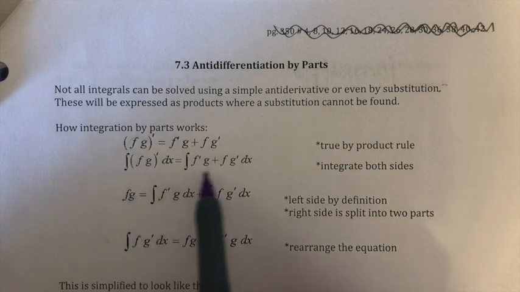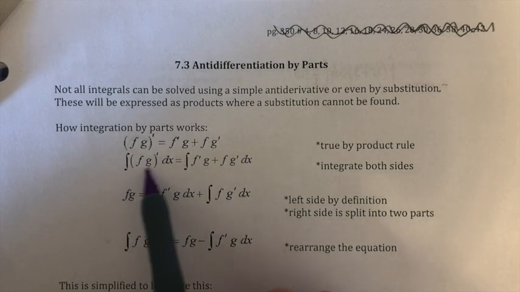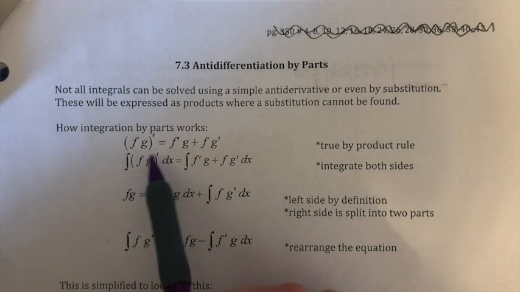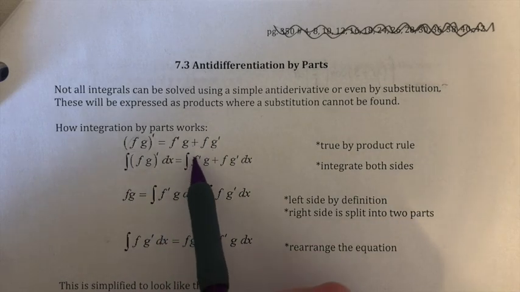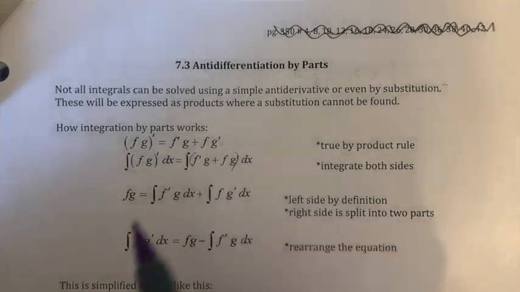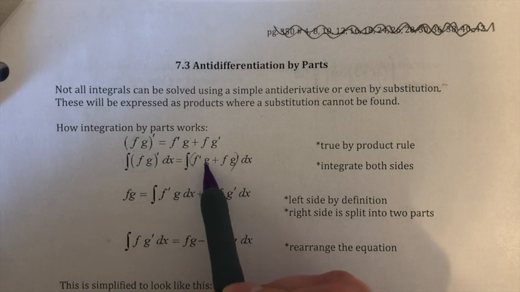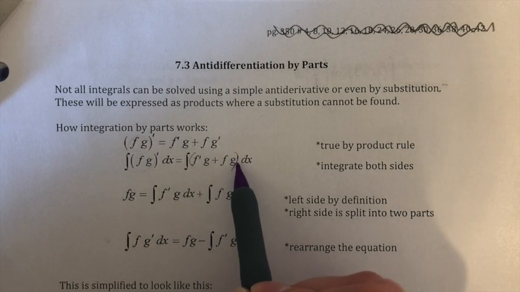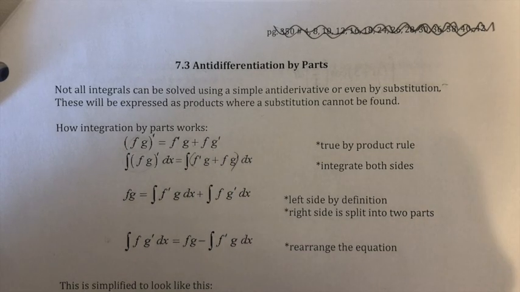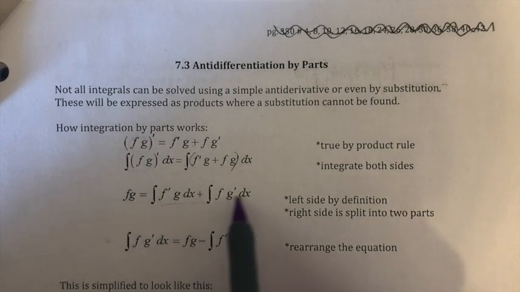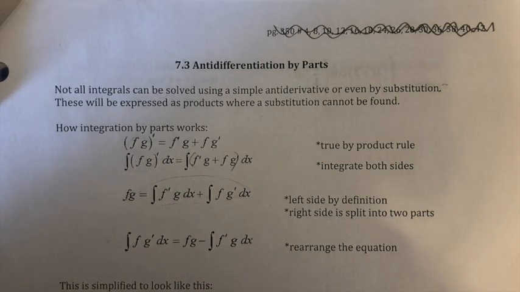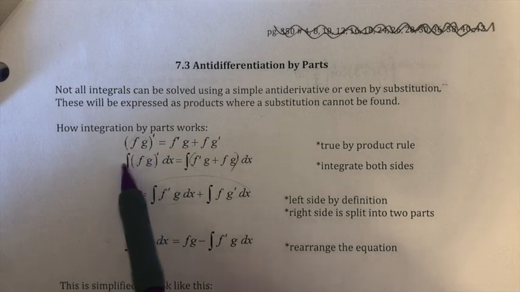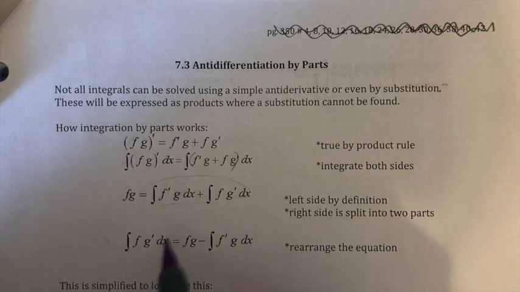Then if we integrate both sides, we're doing the antiderivative of the derivative, and basically those cancel. This whole thing should be in brackets: the integral of f prime g plus f g prime, all times dx. So that gives us this, okay? Because the derivative and then the integral cancel and give us the original function, and we're integrating both parts here.